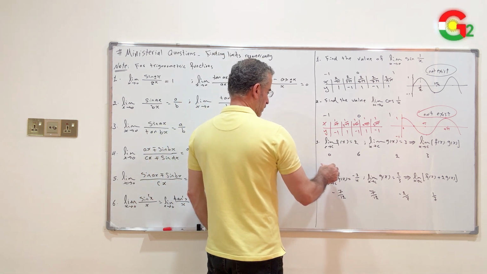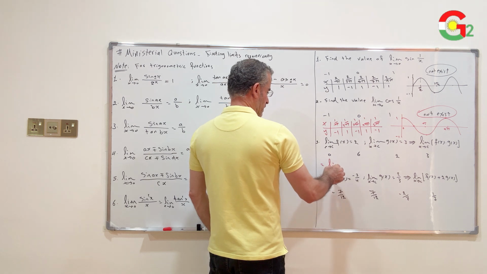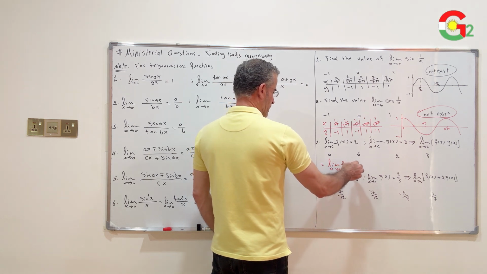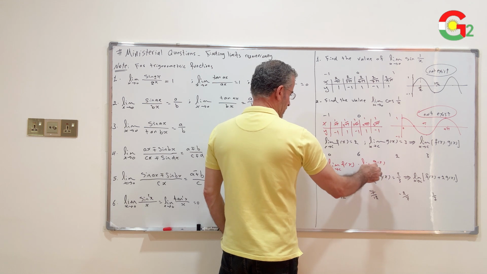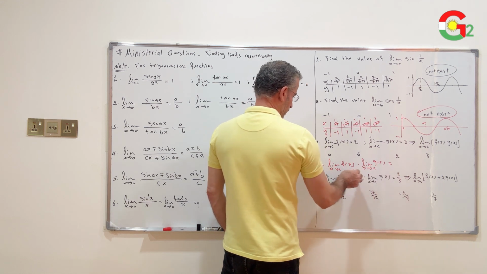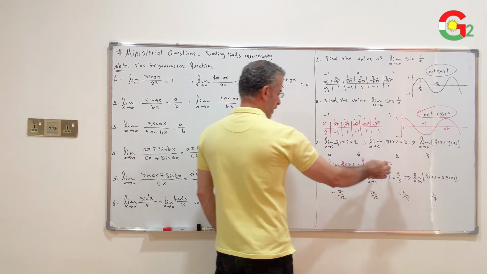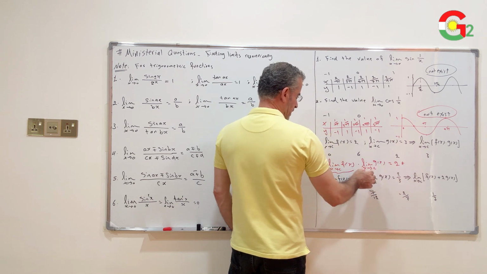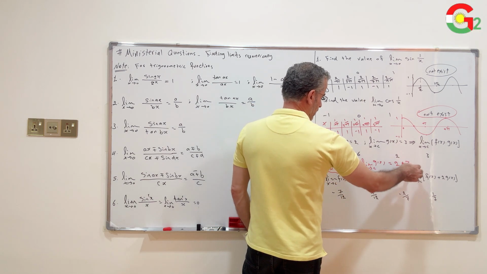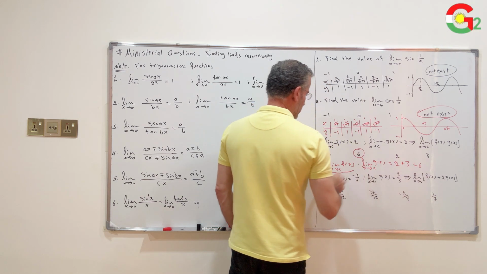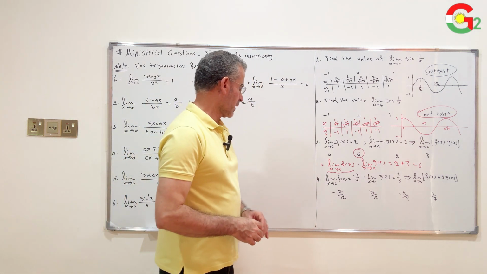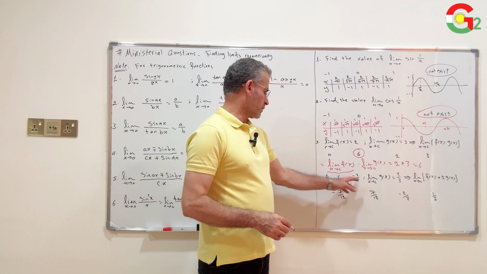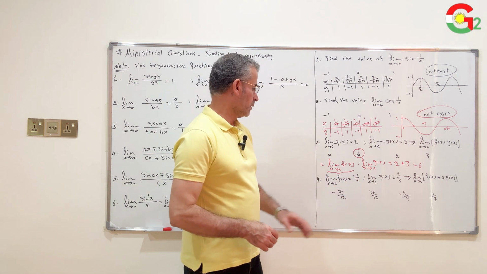This limit is equal to the limit of f of x times the limit of g of x when x approaches c. This limit is given by 2 and this limit is given by 3, and the answer is 6.